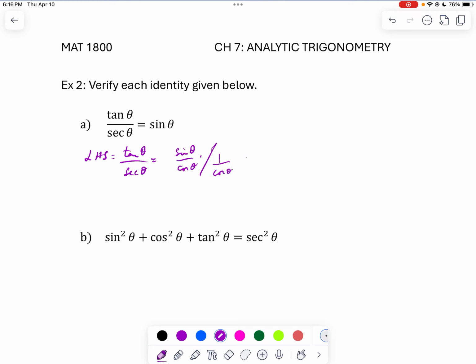So it becomes sine theta over cosine theta multiplied by cosine theta over 1. Cosine and cosine get cancelled, so we are left with sine theta, which is equal to the right hand side. And that's what we wanted to prove.